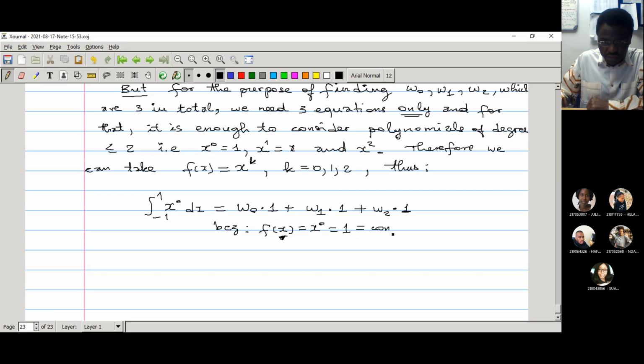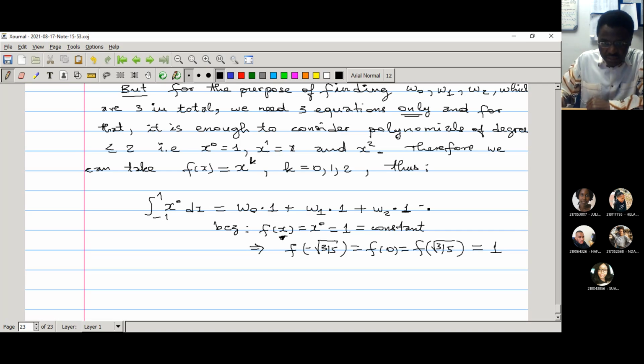It does not change, whatever I put there. So f of negative square root of 3 by 5 is the same as f of 0, is the same as f of square root of 3 by 5, which is 1. So they are all 1.